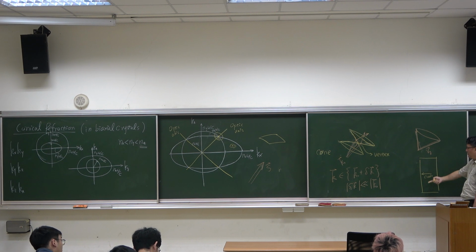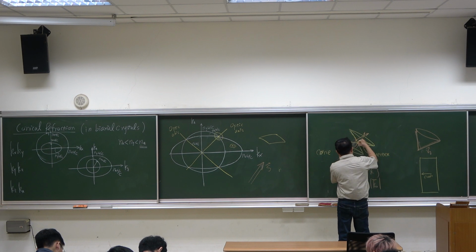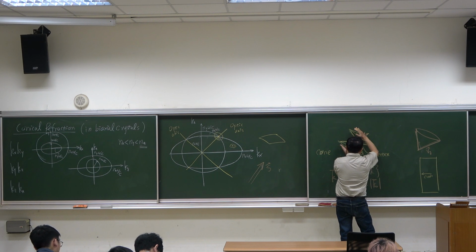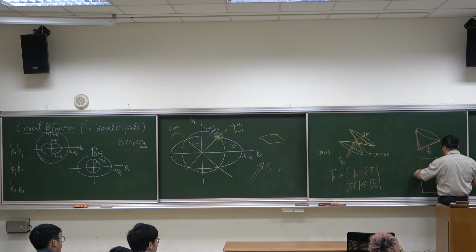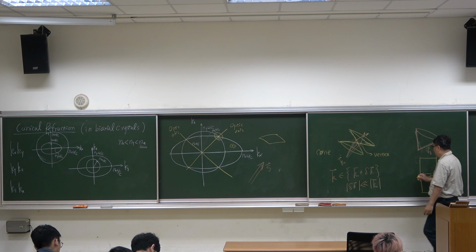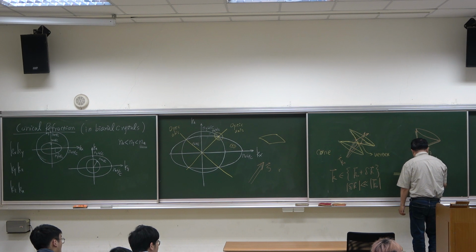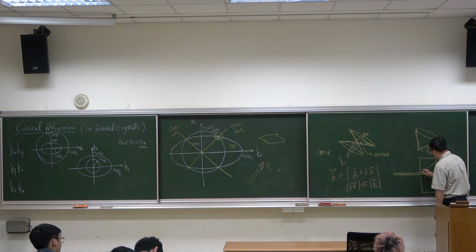perpendicular to the interface, which means you rotate this so that k0 vector is along the c-axis direction. Then if I send a beam of light here, this beam of light will become a cone.